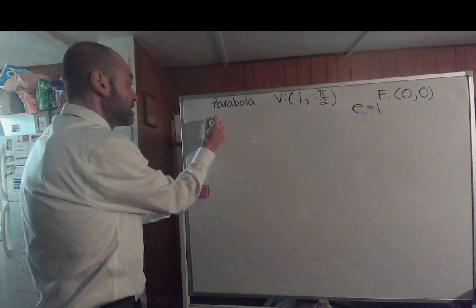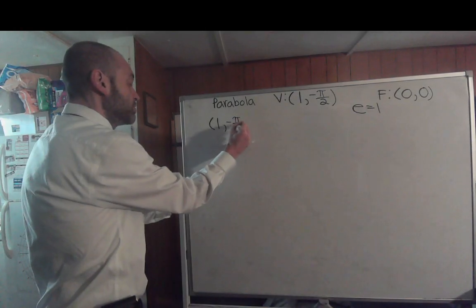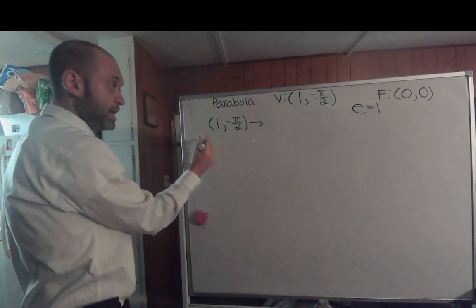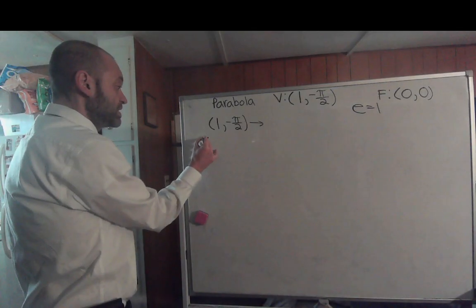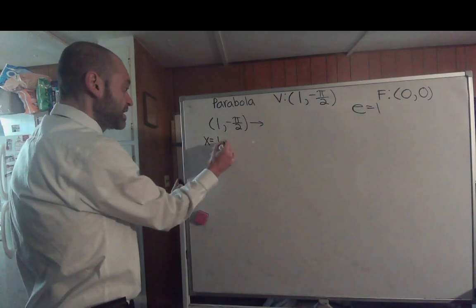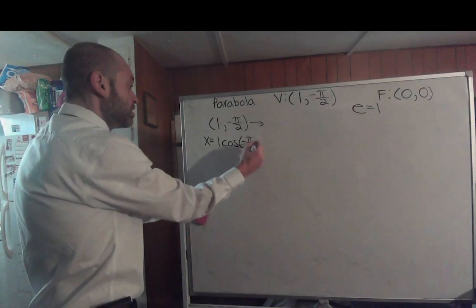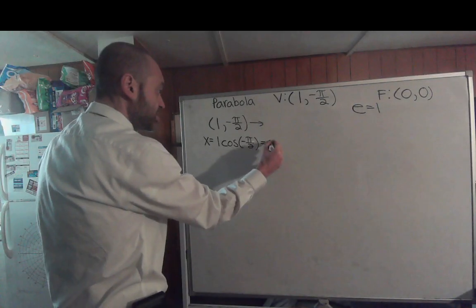We're going to convert that 1, negative pi over 2 into rectangular. So x always equals r cosine of theta. In this case, that would be 1 times the cosine of negative pi over 2. Cosine of negative pi over 2 is 0. 1 times 0 is just 0.